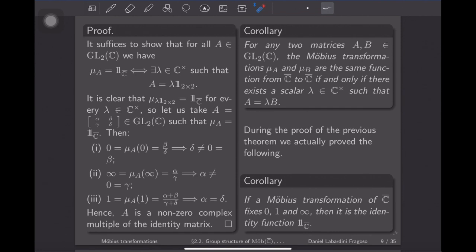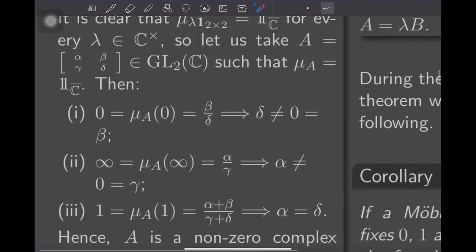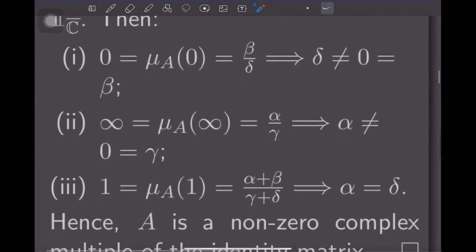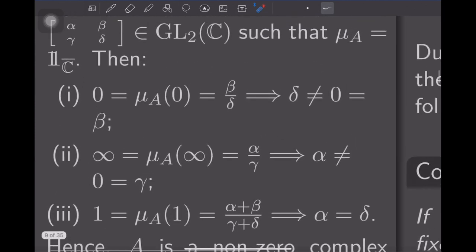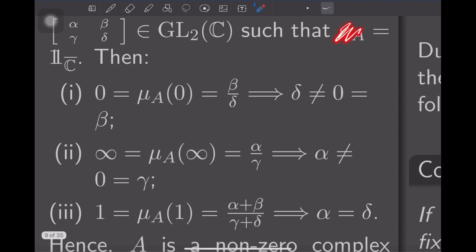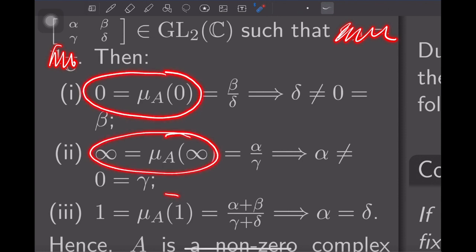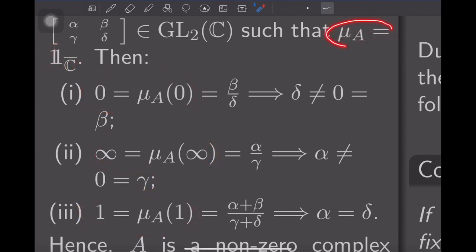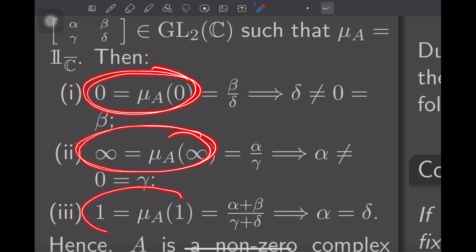Now notice this is very important. Here my analysis was, you see, it's enough. Actually, forget about this. It's enough to assume this to obtain my conclusions. So somehow I didn't even need to know that this was the identity. All I needed to know was that 0 goes to 0, infinity goes to infinity, 1 goes to 1.